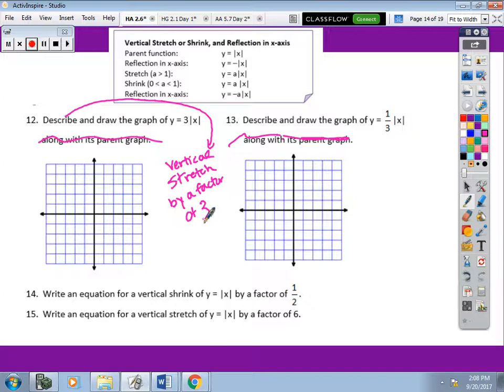And then whenever you graph it, since we haven't shifted it at all, always look, because on your homework they may combine all of them. You might have to go left, right, up or down. This does not affect where your vertex goes, it just affects your next point. So it's still at 0, 0, because we don't see any plus or minus. Instead of going up 1 over 1, we go up 3 over 1, and up 3, and backwards 1. And since there's not a lot of grid lines, that's really the only points I can fit on there.